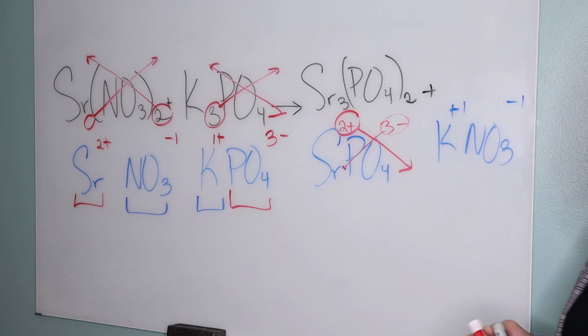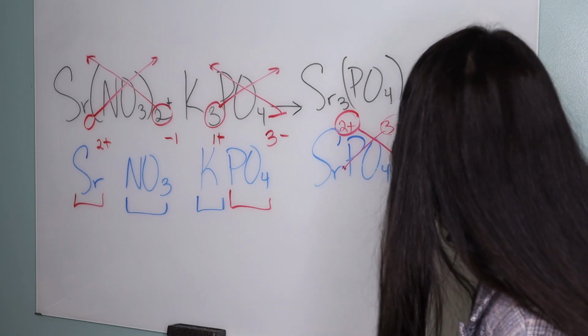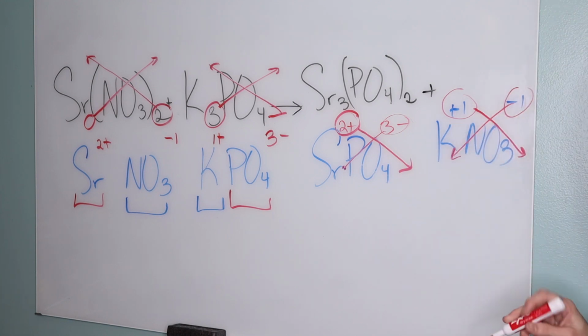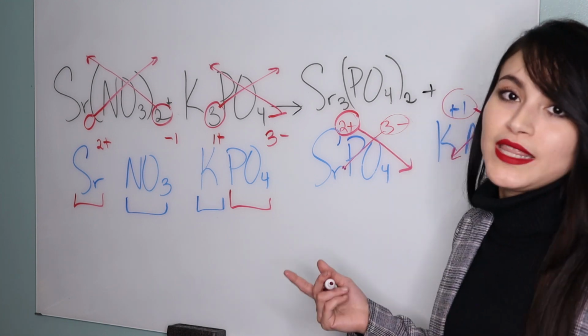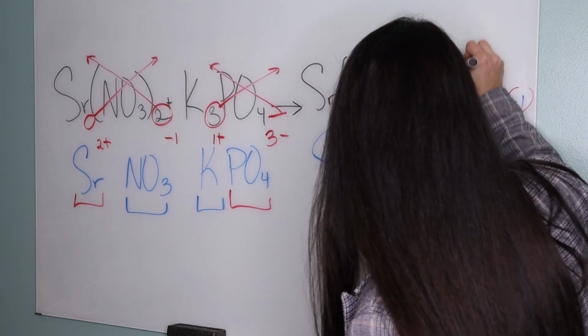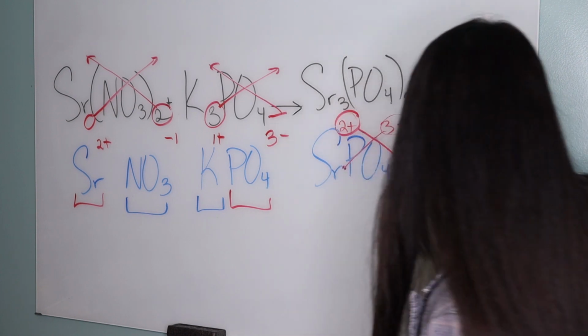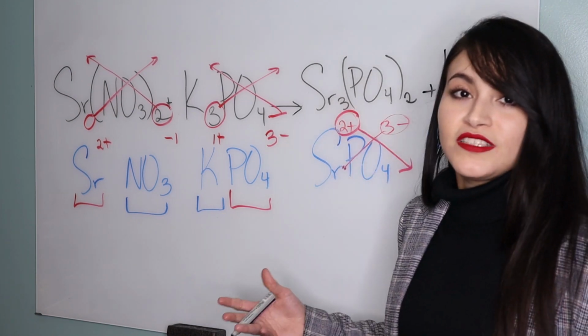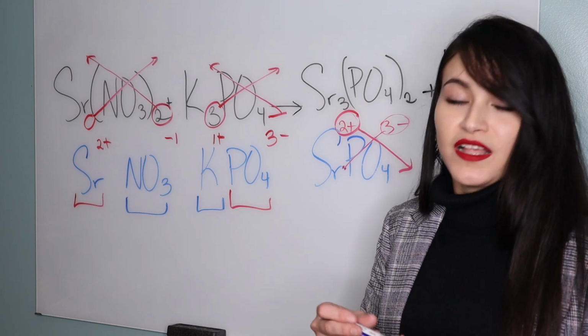I wanted to keep the same color. And I'm going to go down and across, but because they're 1, we don't write them anyways. So our final product is going to be this. So now that we figured out what the products are, let's go ahead and balance this chemical equation.